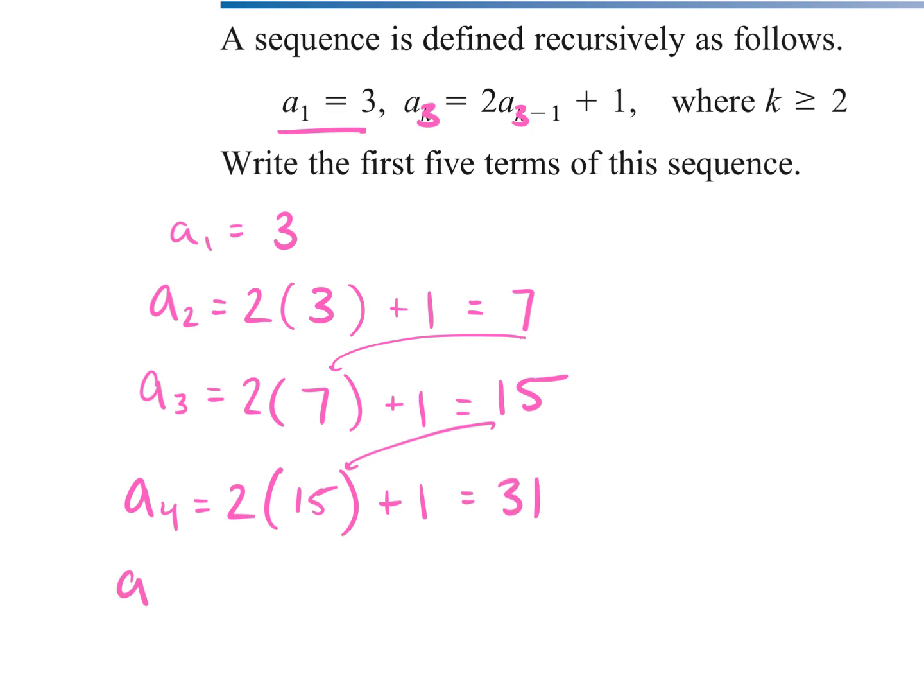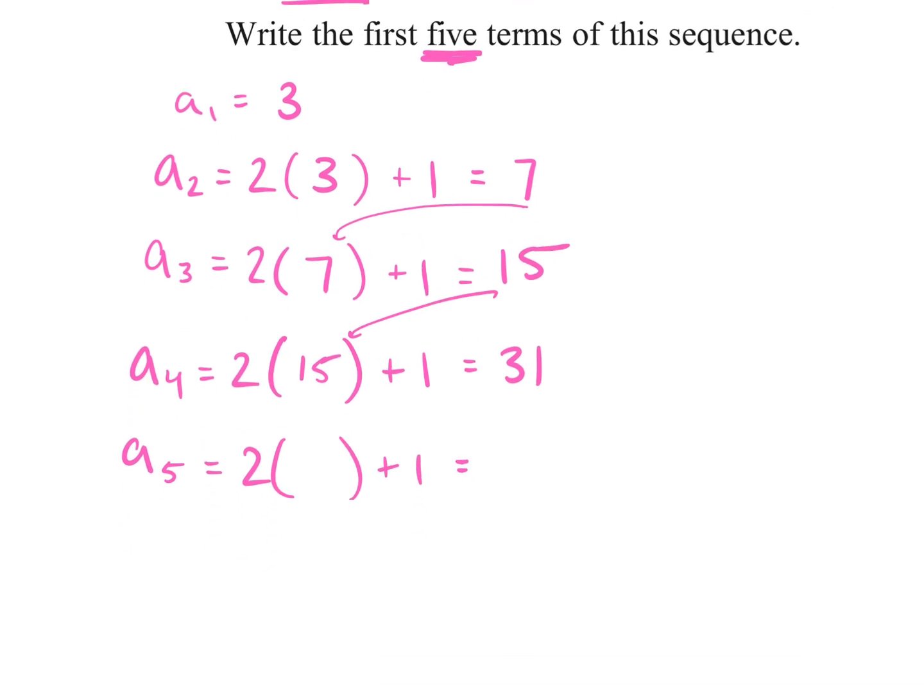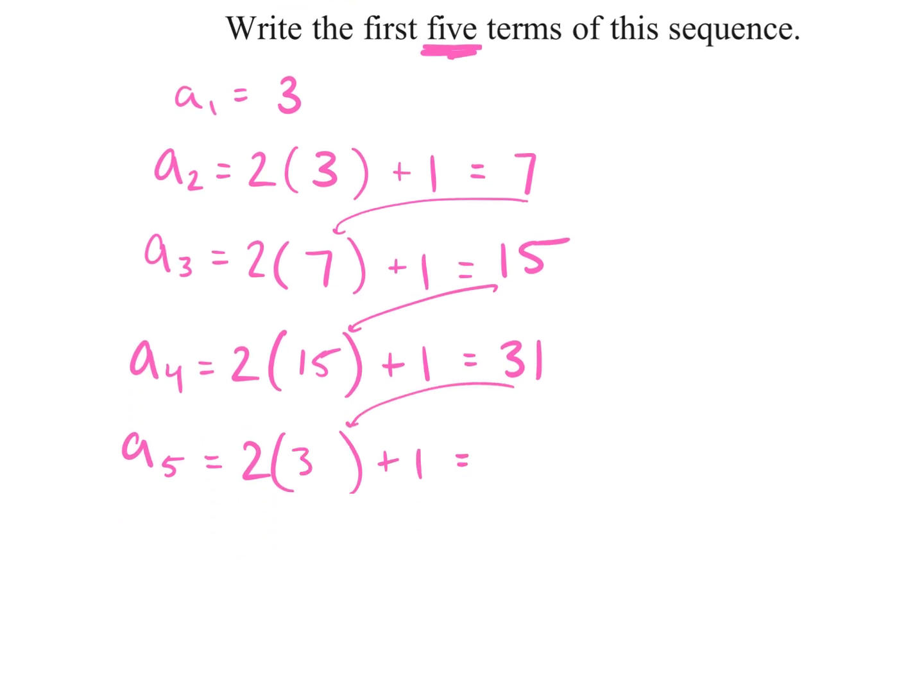And then lastly, since it asked us for the first 5 terms, we have to find a sub 5. So 2 times, what would I plug in here? 31. 2 times 31 would be 62, plus 1 is 63.